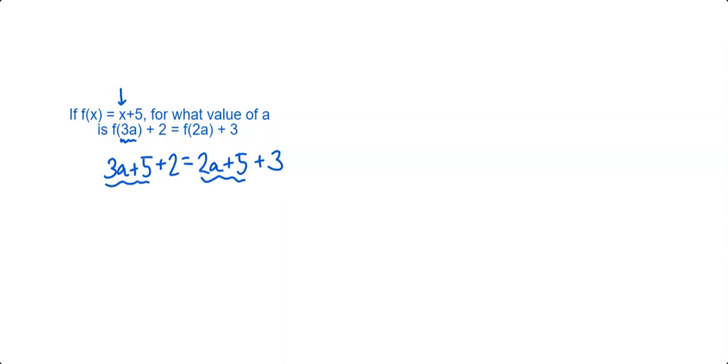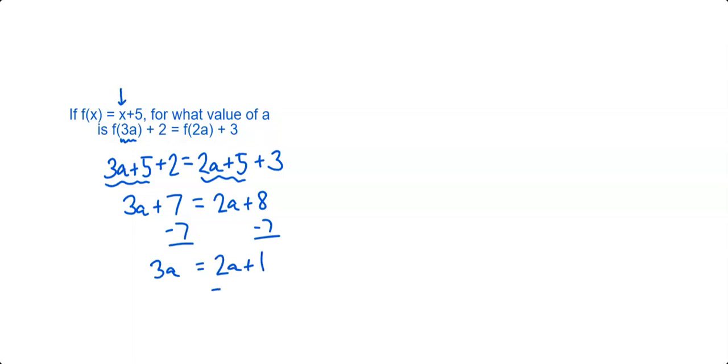All right, so now all we need to do is combine like terms. We have 3a plus 7 on this side. On the right side of the equals, it's 2a plus 8. So we're going to subtract 7 so that we get all the numbers on one side. That will give us 3a equals 2a plus 1.